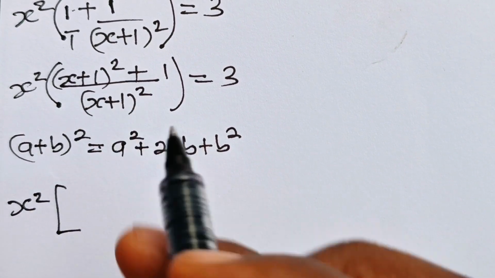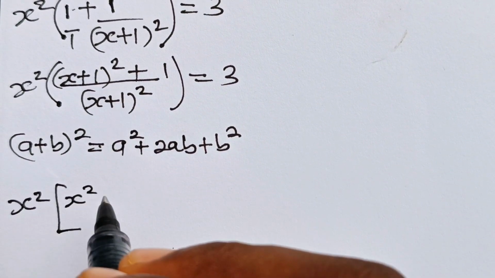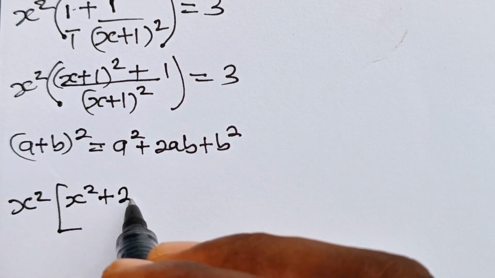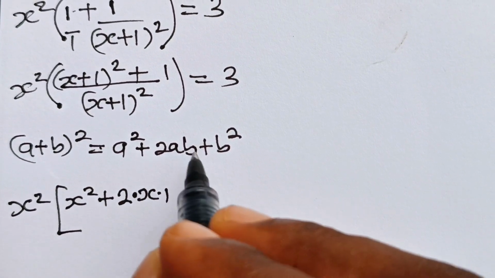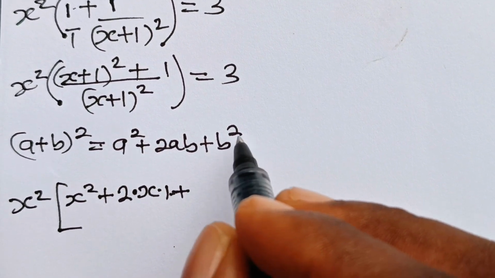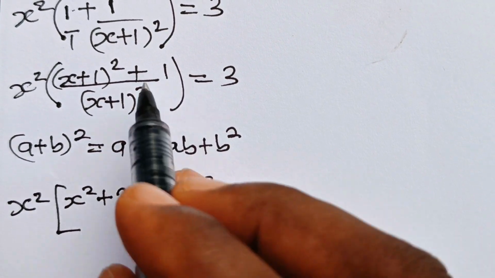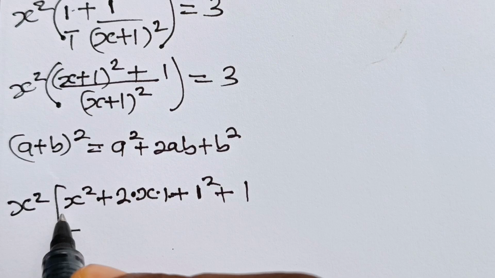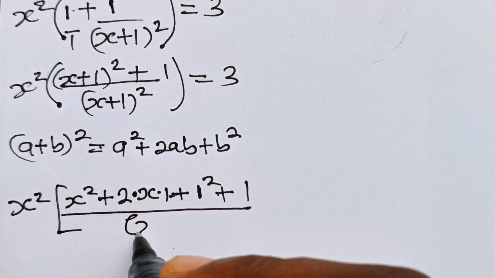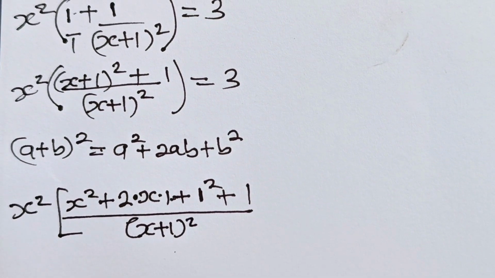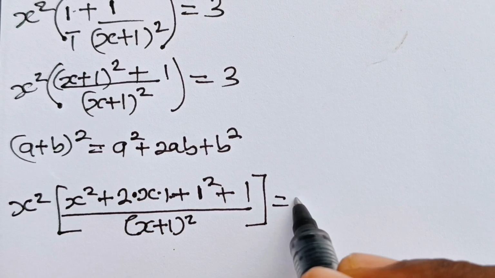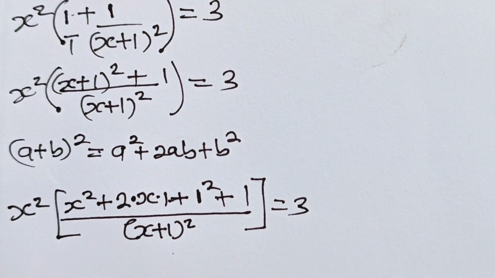Now x plus 1 squared is same thing as x squared plus 2 multiplied by x multiplied by 1, right? Plus our b squared is 1 squared, then plus this one here. Now everything divided by x plus 1 squared. Alright, this is equal to 3.